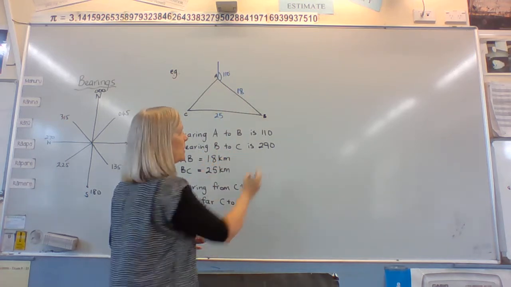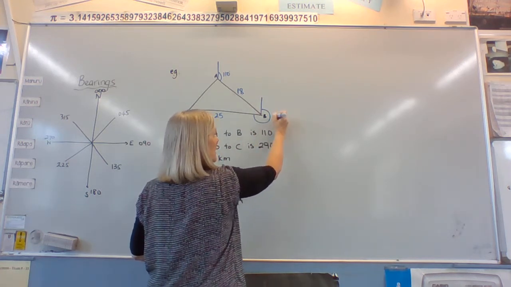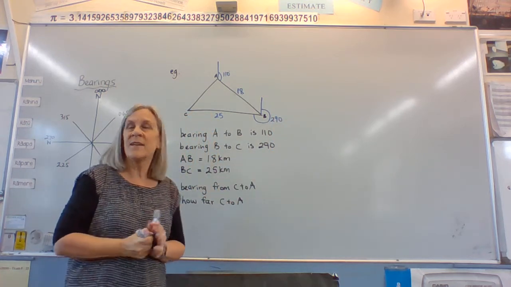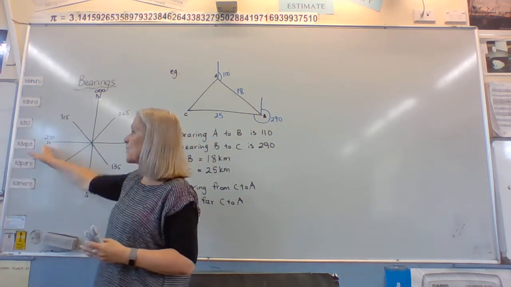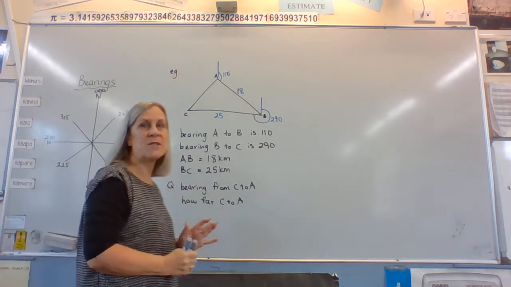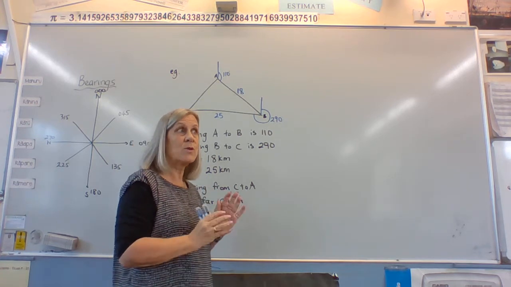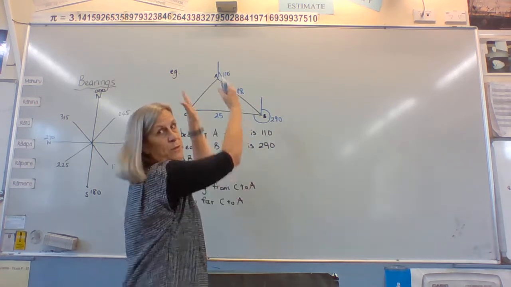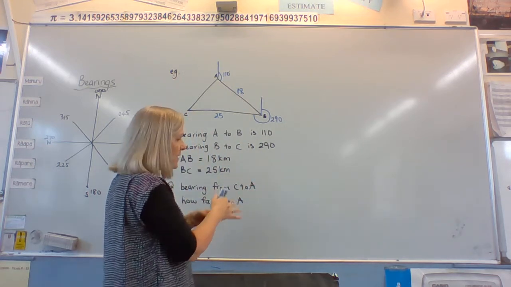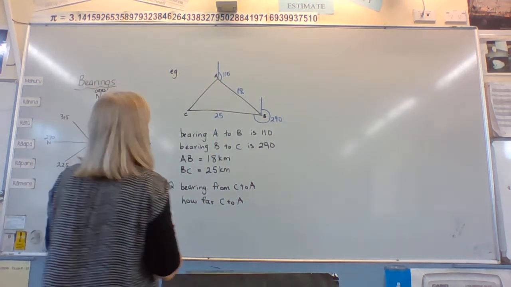B to C, 290, so from north around at B to 290. Now what we use here is our knowledge of right angles, 90, 180, 270. Also, we can sometimes use angles on parallel lines because our north lines are always parallel.